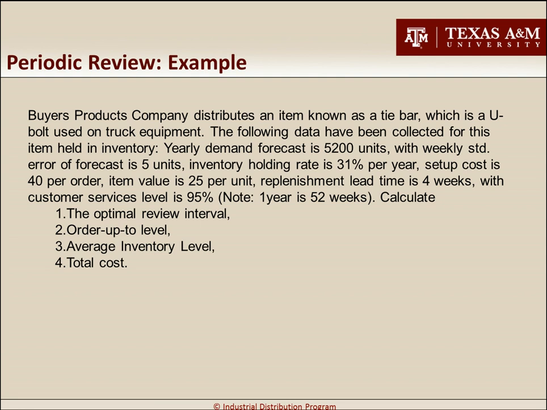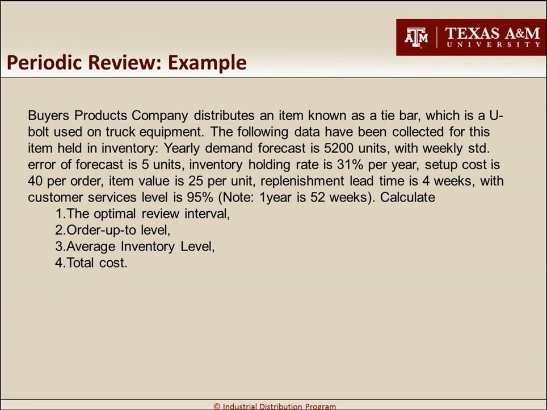Yearly demand forecast is 1200 units with a weekly standard error of forecast of 5 units. Inventory holding rate is 31% per year. Setup cost is 40 dollars per order. Item cost is $25 per unit. Replenishment lead time is 4 weeks. And the customer service level is 95%.